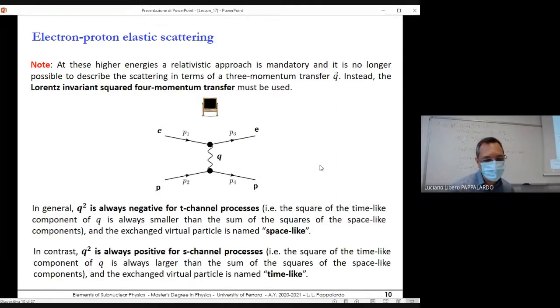On the contrary, q squared is always positive for S-channel processes, where the square of the time-like component of q is always larger than the sum of the squares of the space-like components, and in that case the exchanged virtual particle is called time-like. This we studied already.